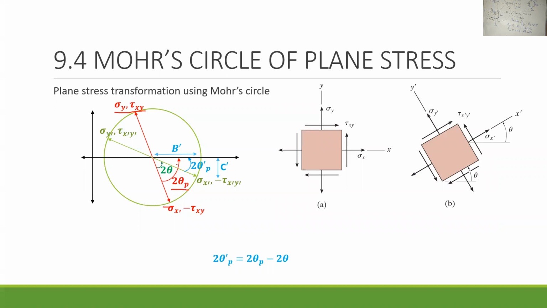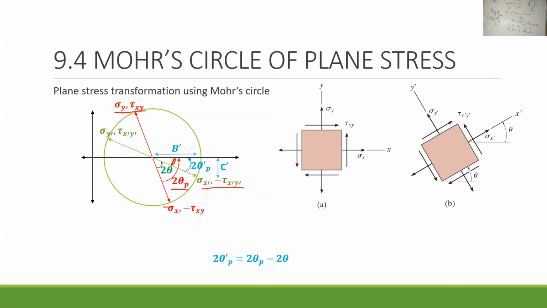By measuring the theta p value, we can find the reference of the second angle. This is the subtraction from the real angle to the theta p angle. Then we found this angle. I symbolize it as theta prime p. By using this value, we can get to sigma x prime and tau xy.